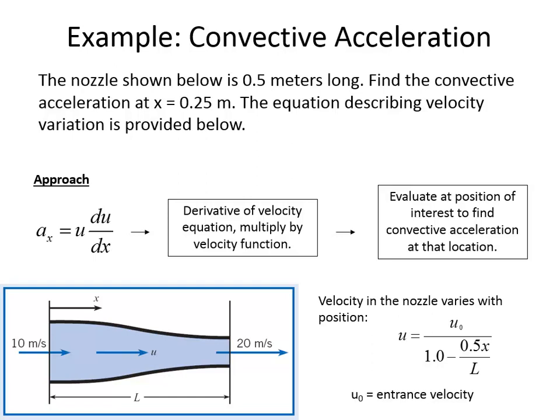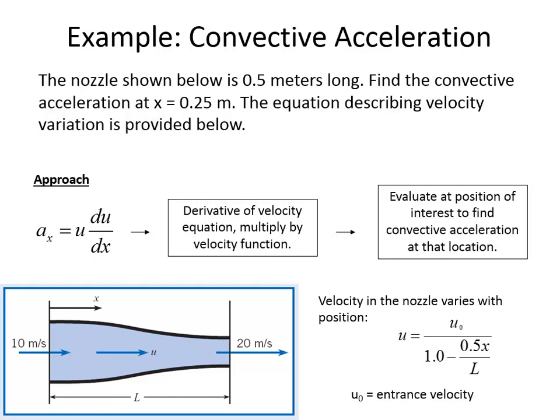Okay, and we substitute in for x is 0.25 meters. That's in the problem statement. It said that we want to find out what's the acceleration in the middle of the nozzle, so that's why we're using 0.25 as x. And the overall length of the nozzle is given as 0.5 meters.